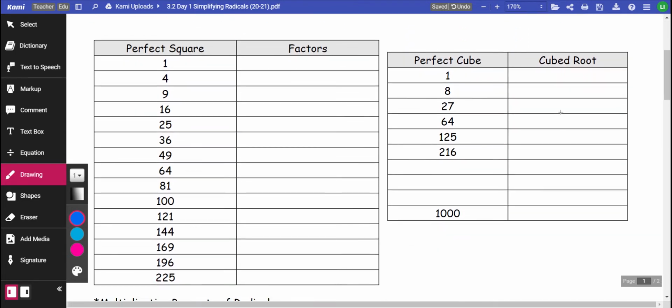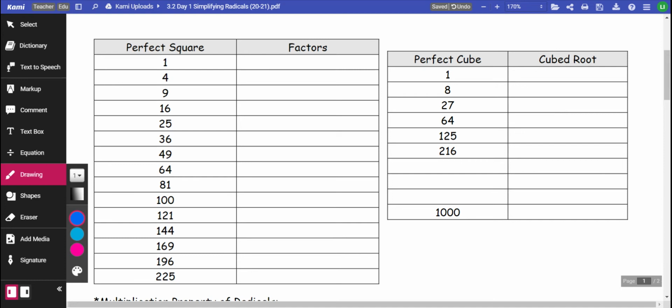So let's go ahead and look at our perfect squares. With a perfect square, there are actually two factors. You could have two positive numbers and two negative numbers. Right now, we're only focusing on the positives. So if 1 is our perfect square, 1 squared is 1. If 4 is the perfect square, we've got 2, and 3, 4.